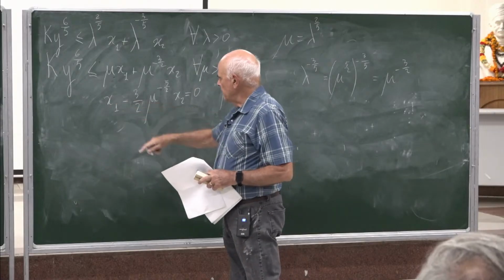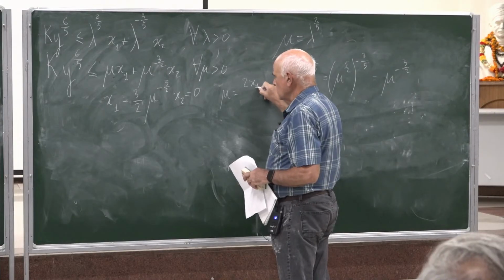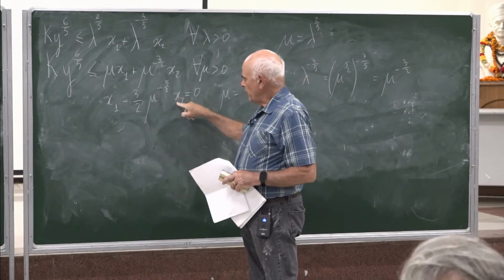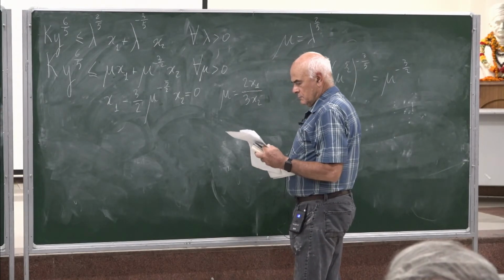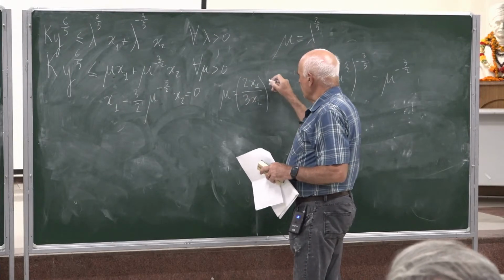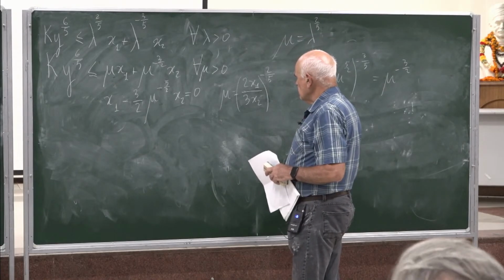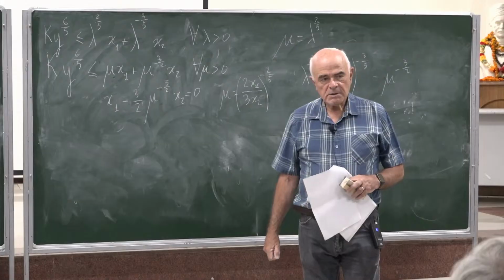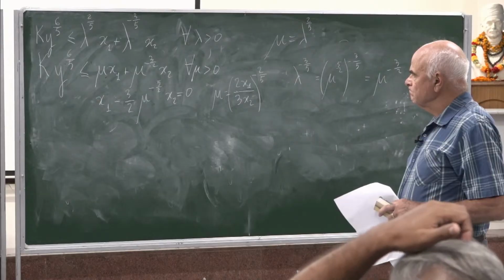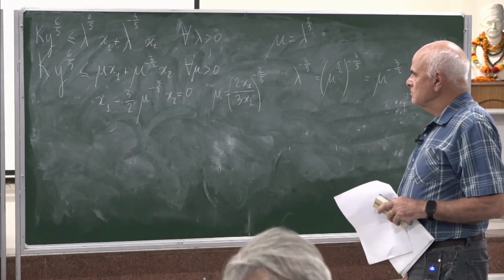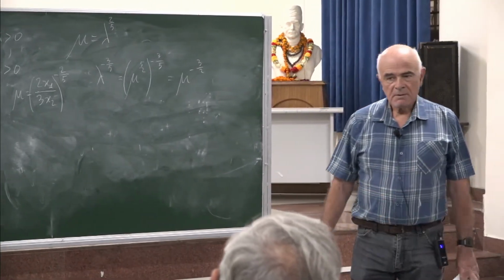So I move the 2 here, and so I get 2x1 over 3x2 to the power minus 2 over 5. Is this correct? This is correct.